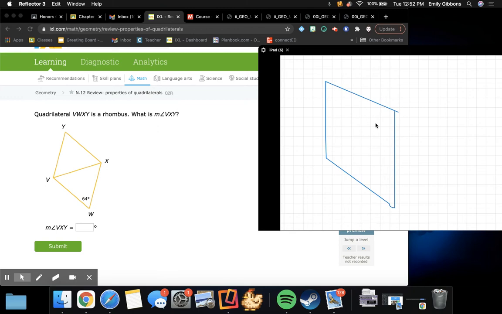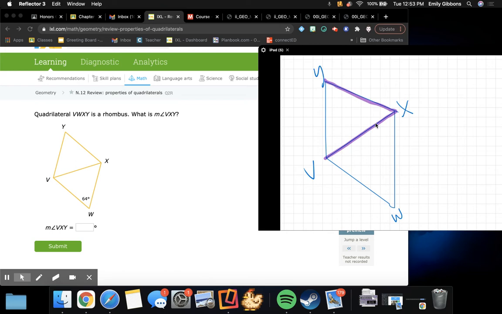What do we know about rhombi? We know that their diagonals are also angle bisectors, okay? So VXY, we're looking at this angle here. VWXY.